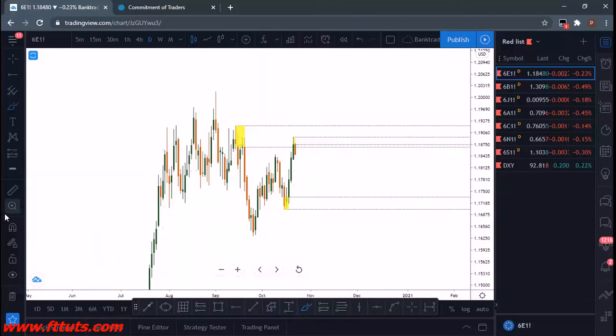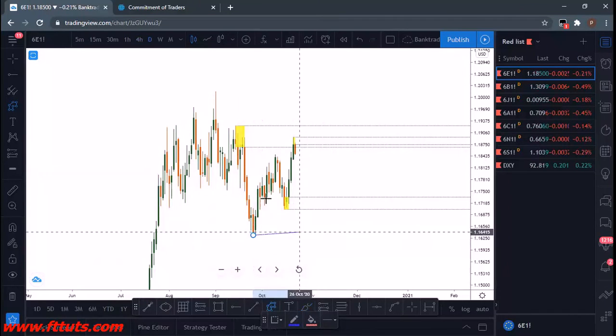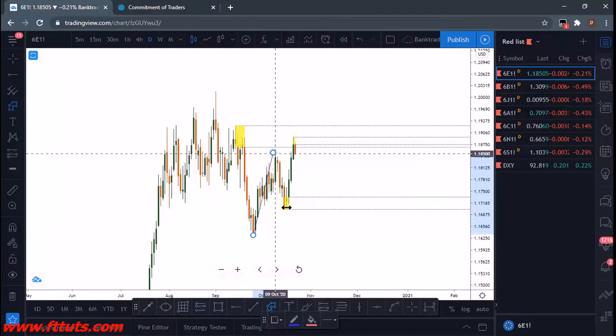And even if we look at this in the traditional way of how people look at price, you can see that you have this low here, this high here, this low here.